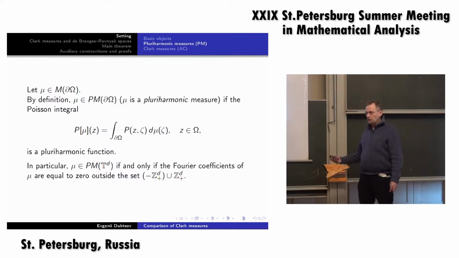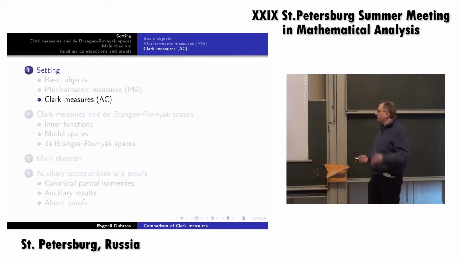So in this case, this is not just an object from holomorphic function theory, but an object from Fourier analysis. Okay, so the main objects of consideration are Clark measures.